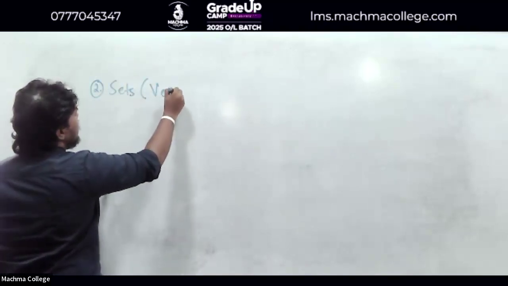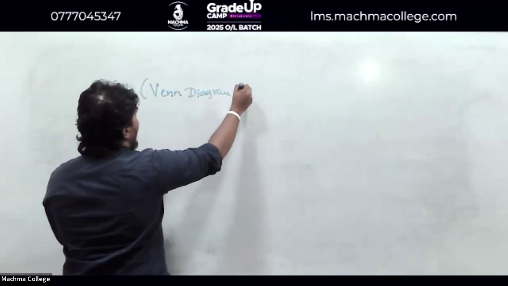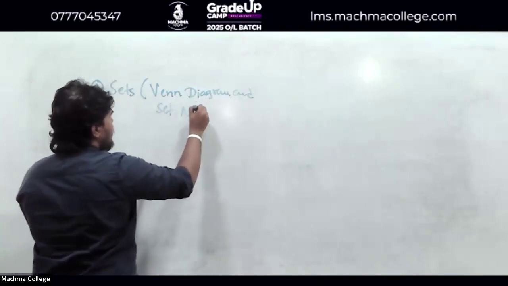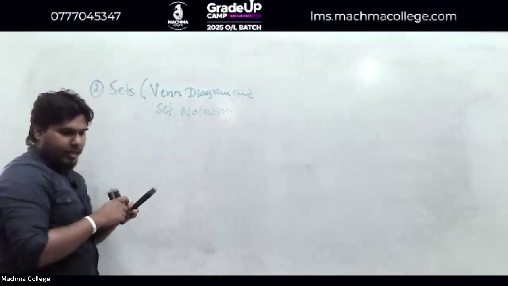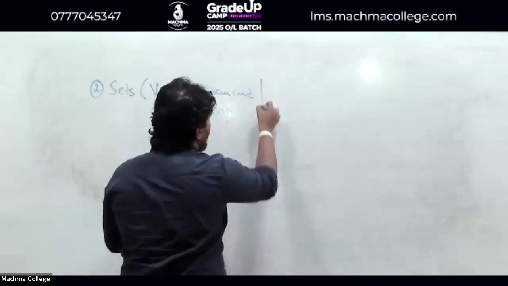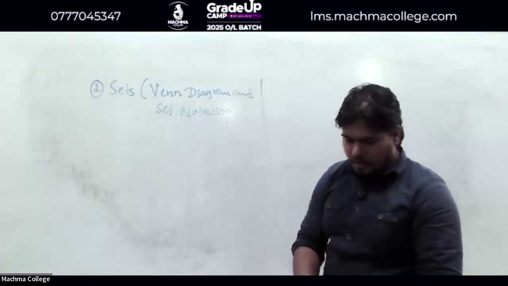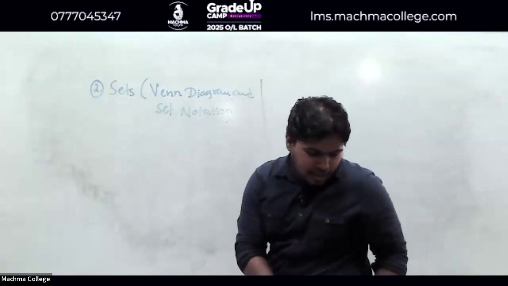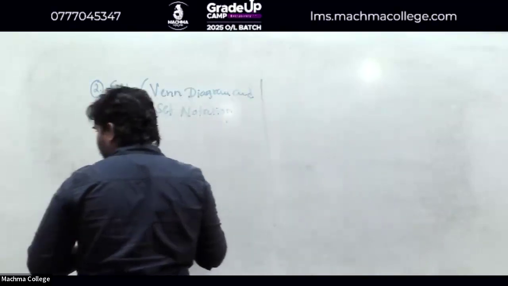Venn diagrams and set notation. Listen. Question says, write the set notation of the shaded part in the Venn diagram.